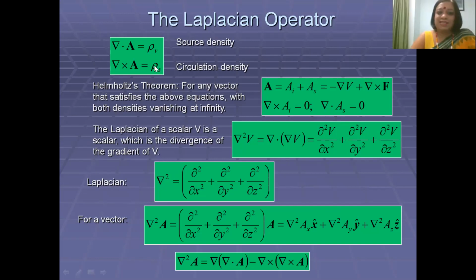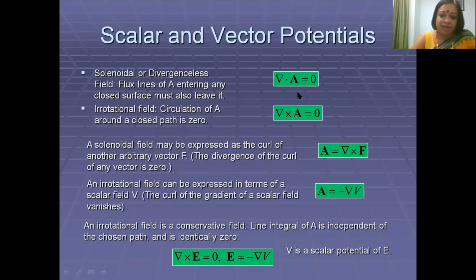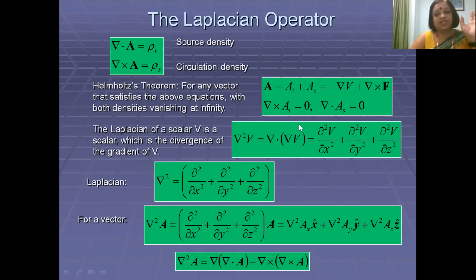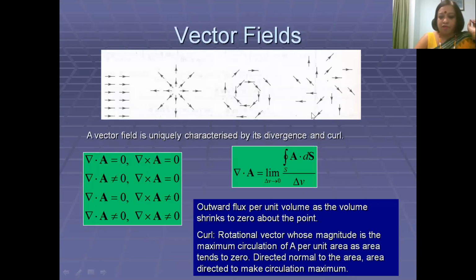Now, let us imagine a situation where, so far, we have considered cases where either the divergence is 0 or the curl is 0. If you have a fictitious field, which we will keep fictitious at the moment because I'm going to use it to discuss certain things later, where neither the divergence is 0 nor the curl is 0.